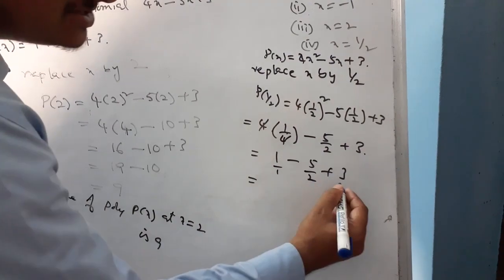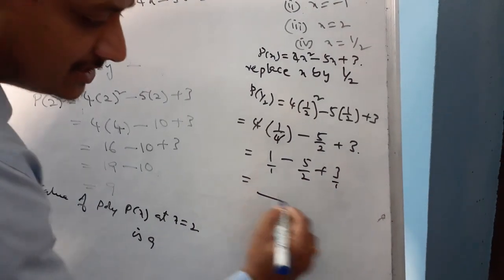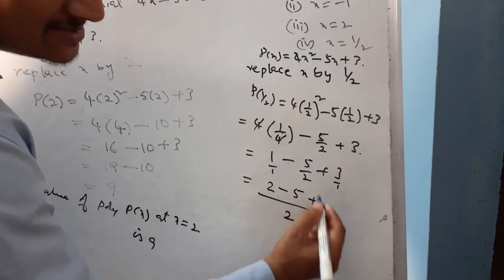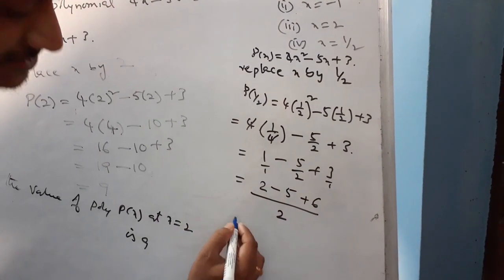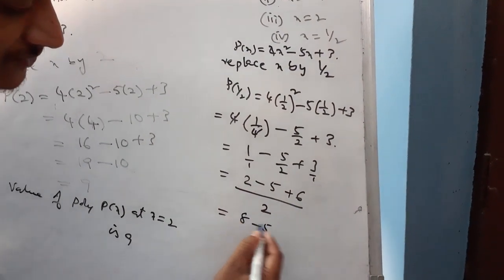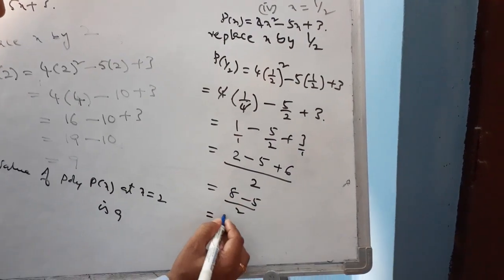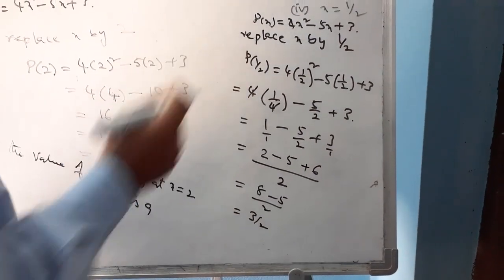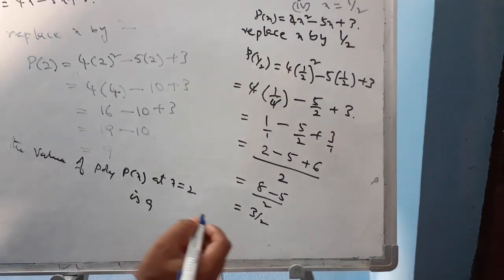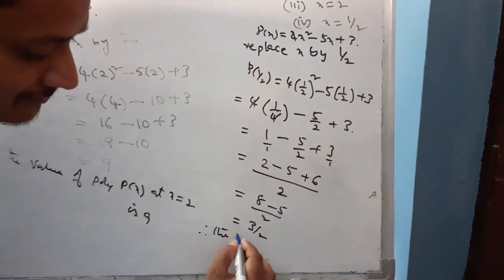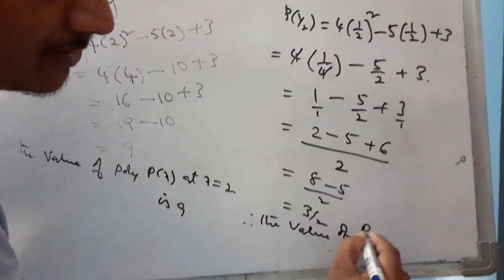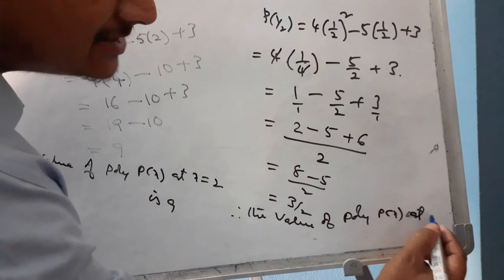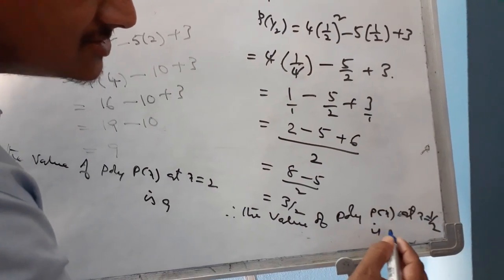The LCM is 2, so we get 2 minus 5 plus 6, which is 8 minus 5, that is 3 by 2. So 3 by 2 is the value of the polynomial p of x at x equal to 1 by 2.